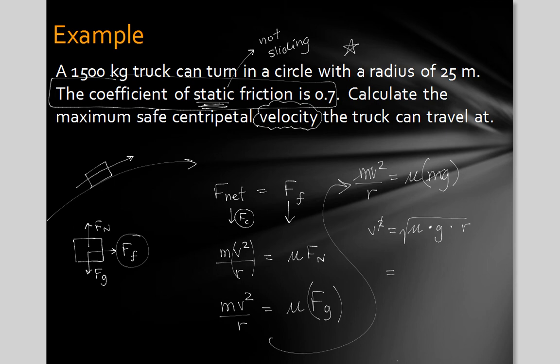So 0.7 multiplied by 9.81 multiplied by the radius 25, and we get roughly 172 meters squared per second squared, which needs to be square rooted, and you get 13.1 meters per second.